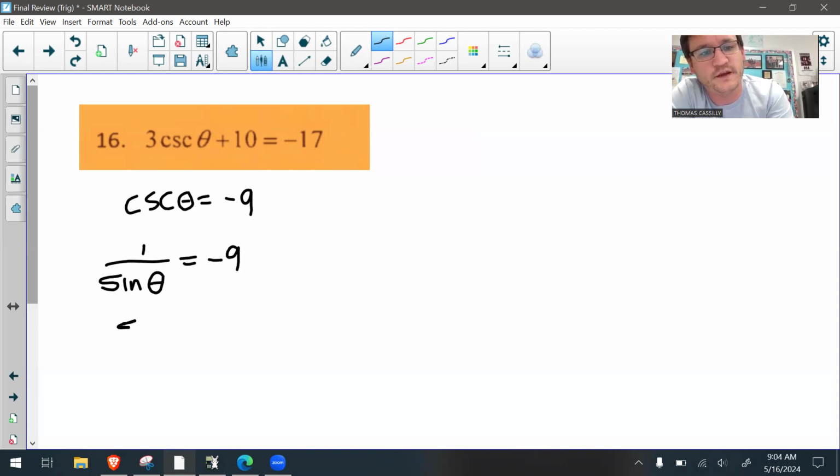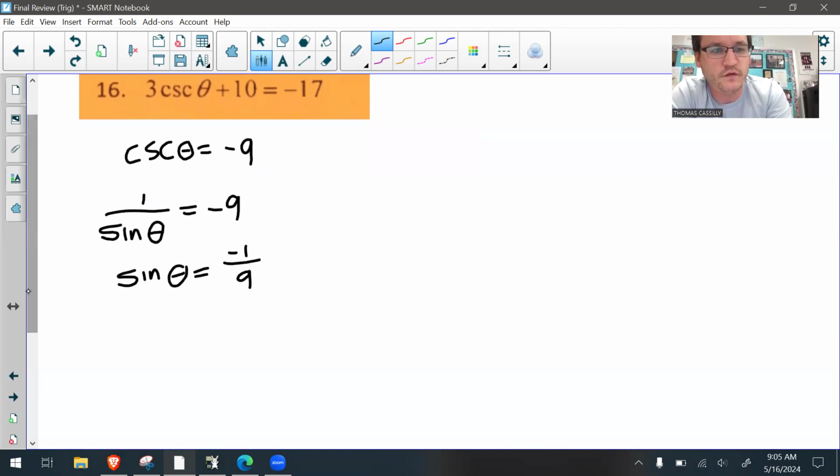Flip them both upside down. The sine of theta equals -1/9. I'm going to keep the negative on top. From here, take the inverse: theta equals the inverse sine of -1/9.